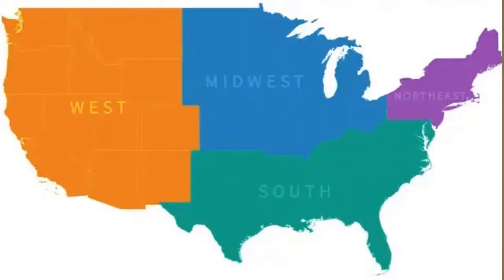Usually, we divide the continental United States into 4 regions. The first region is the East Coast. This is the coast next to the Atlantic Ocean. This region has some of the nation's oldest cities and some of its most famous cities.